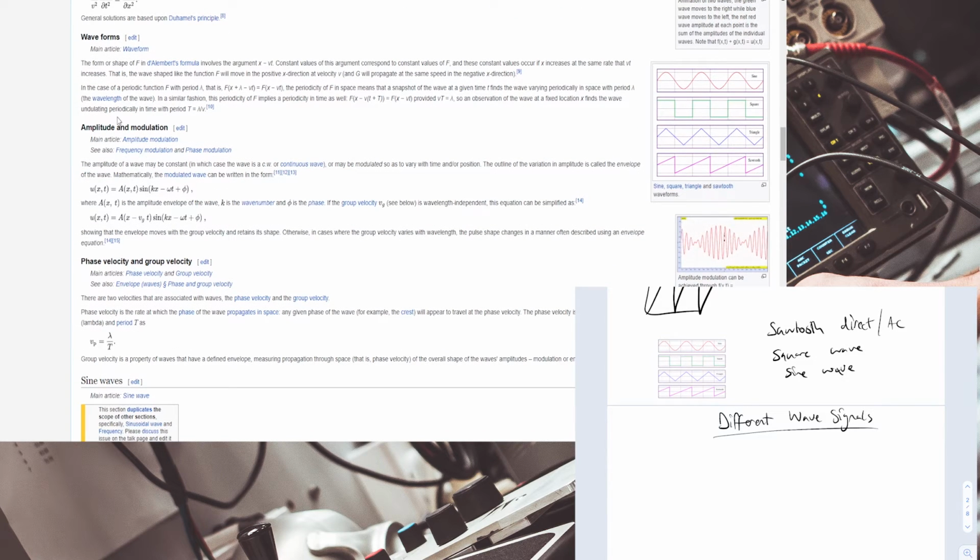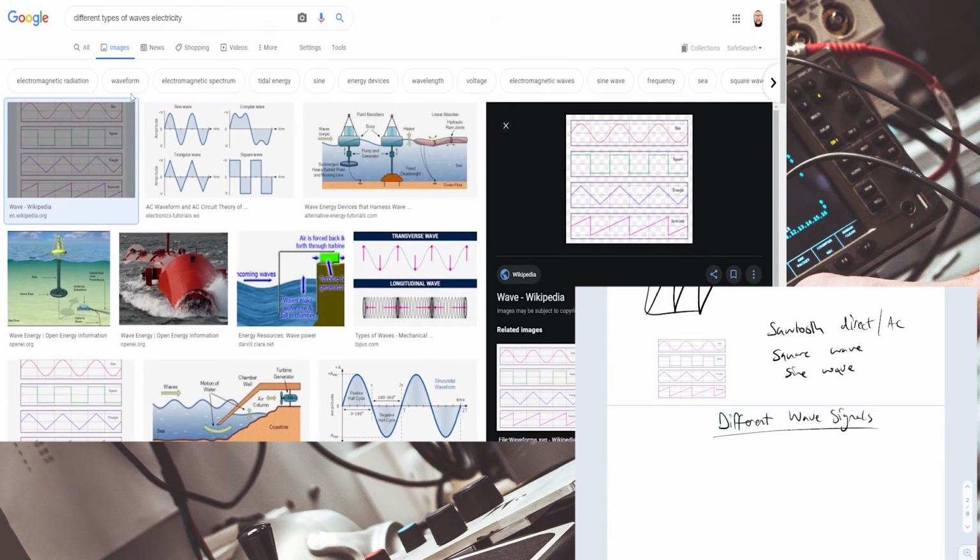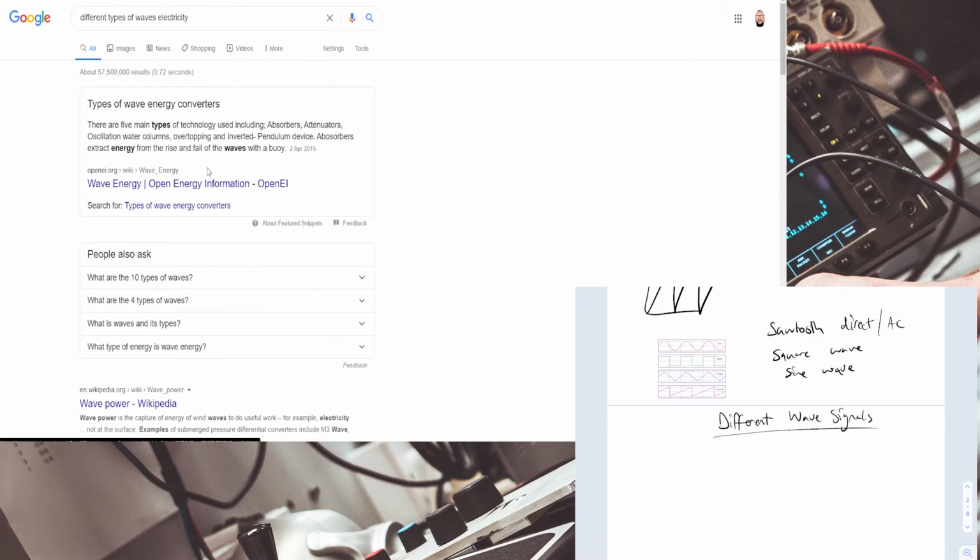The amplitude of a wave may be constant. Okay, this is not what I want. Five main types of technology used, including absorbers, attenuators.